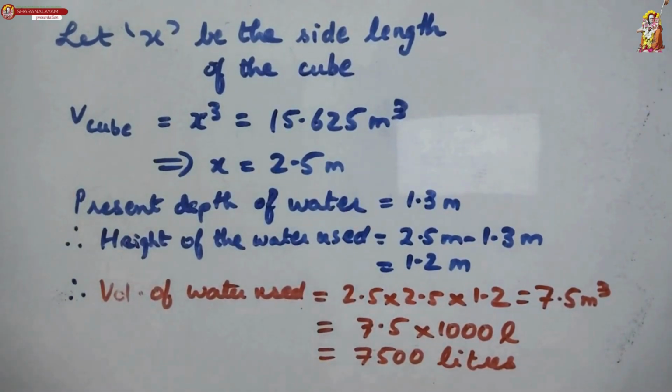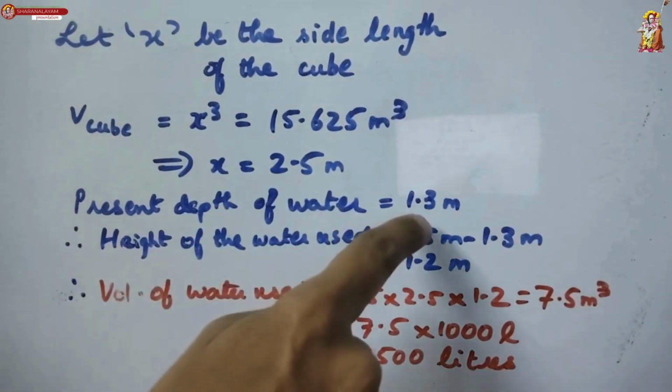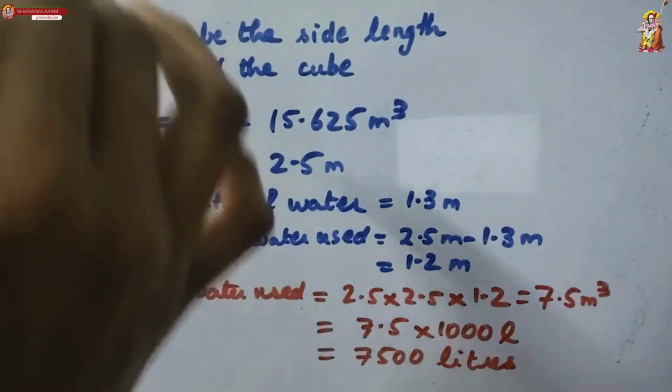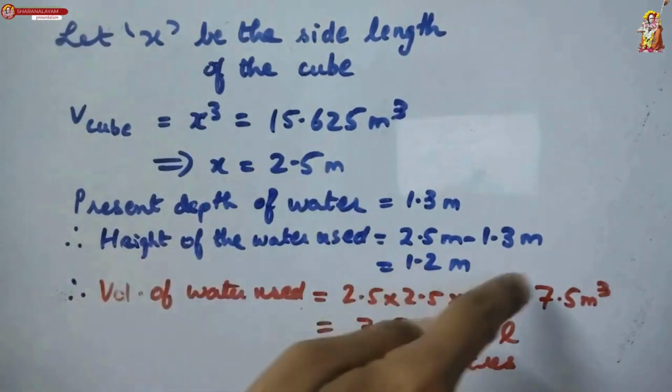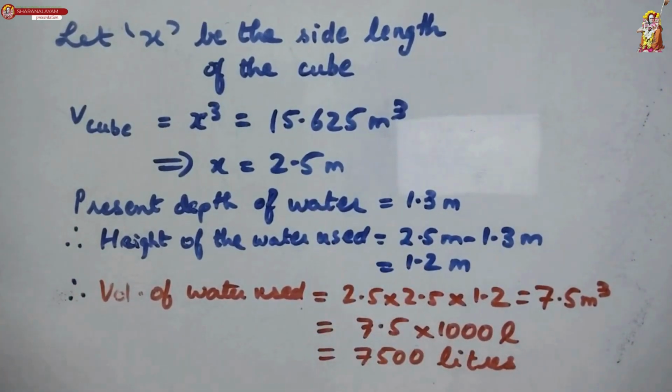Now, the present depth of water is 1.3 meters. So, the height of the water used will be how much? It was 2.5 meters. Now it is 1.3 meters. So, the height of the water used is 2.5 meters minus 1.3 meters, which is equal to 1.2 meters.